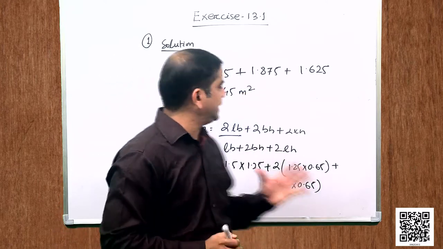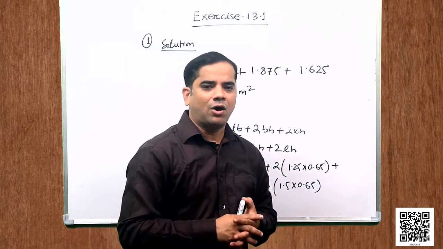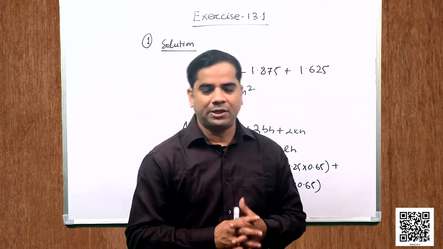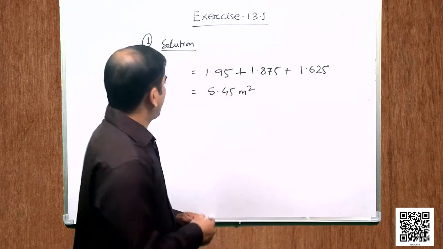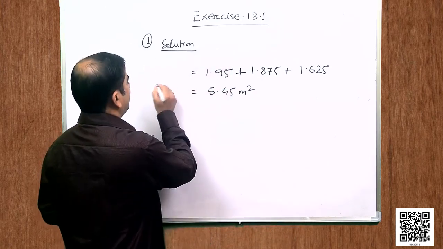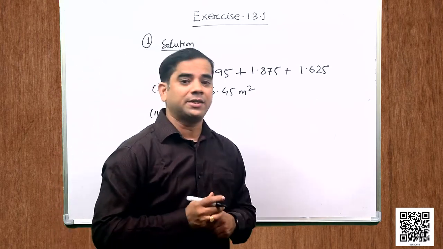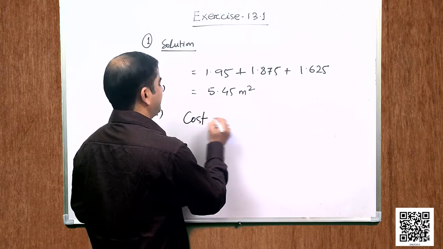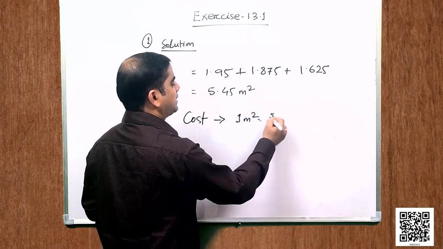Okay. So, this is the area, that means your surface area of the box excluding the top, because it is open. Now, this is the solution for part 1. Part 2 asks for the cost of the sheet. So, cost as it is given for 1 meter square, it is rupees 20.